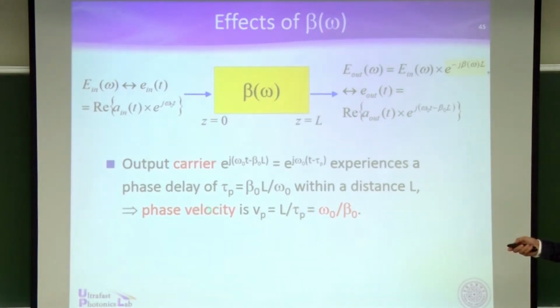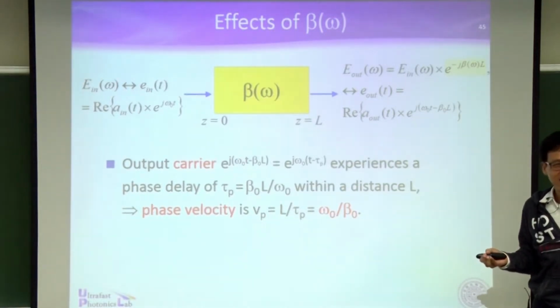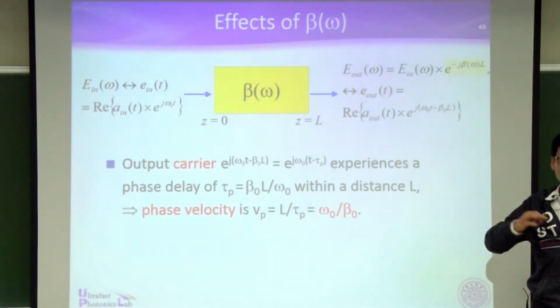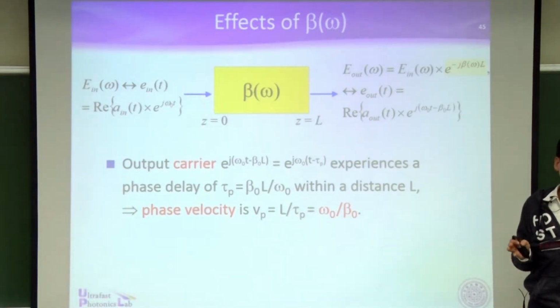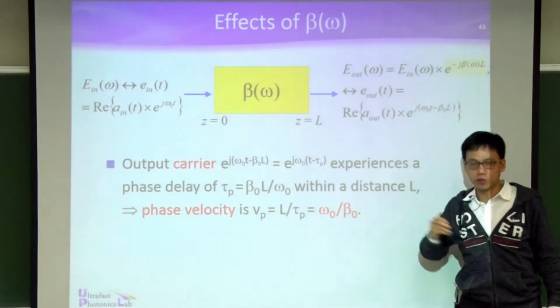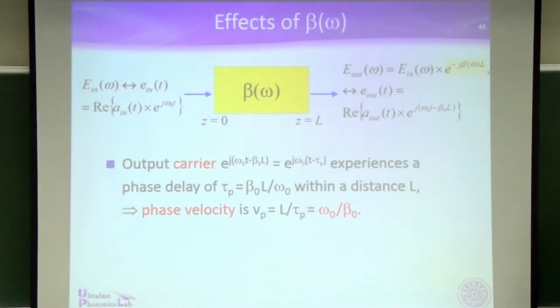This is the well-known phase velocity formula, right? And the discussion shows that phase velocity is the velocity of which wave? The carrier wave, right? Nothing about the envelope, the pulse envelope, just the carrier. This is the velocity of your carrier. Okay.